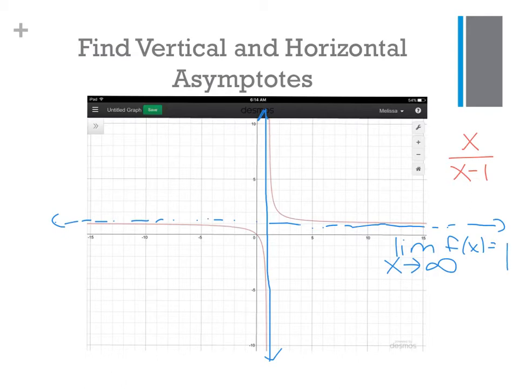And if you look at the other side of the graph, the left end behavior, the limit as x approaches negative infinity of this function is approaching 1 as well.